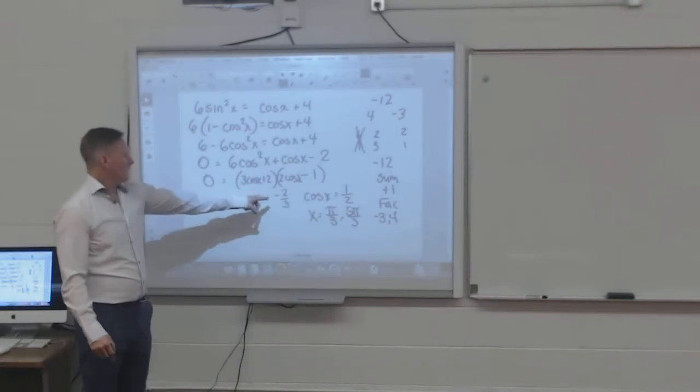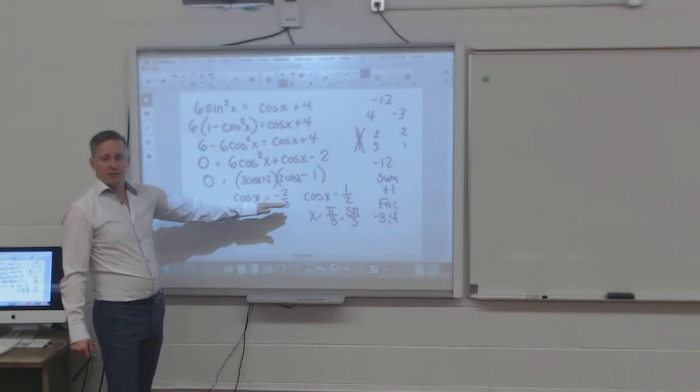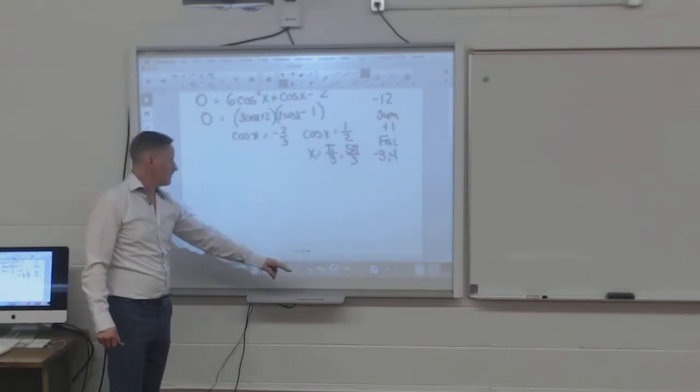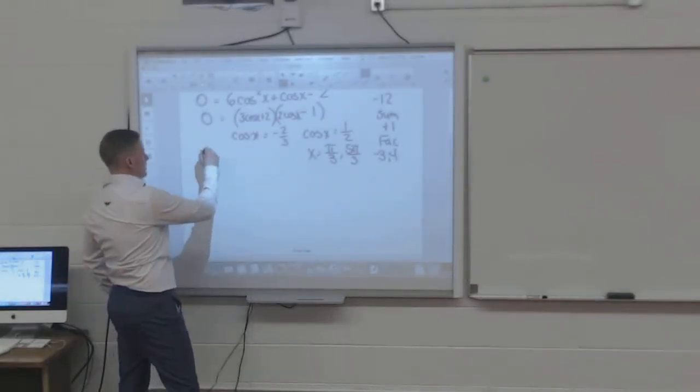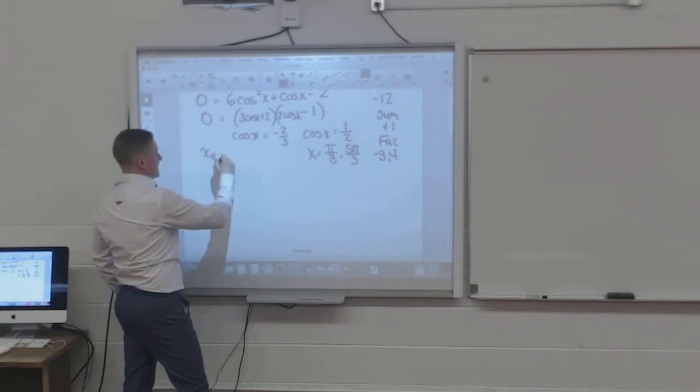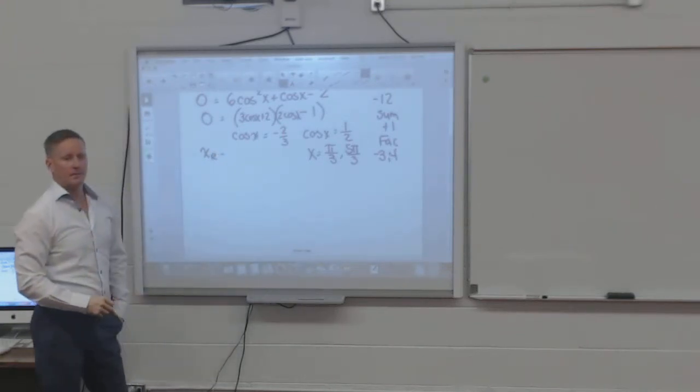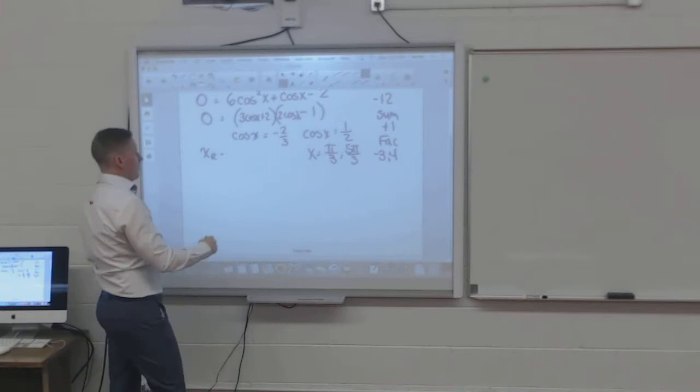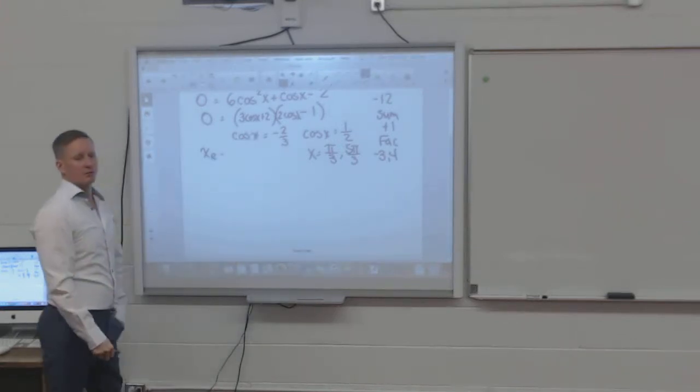Now I have negative 2/3. This is where I'm going to do it like this. Get my reference angle. So get your calculators out. In radian mode, I want the second function cos of 2/3.